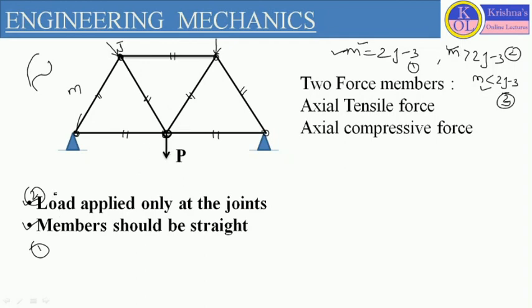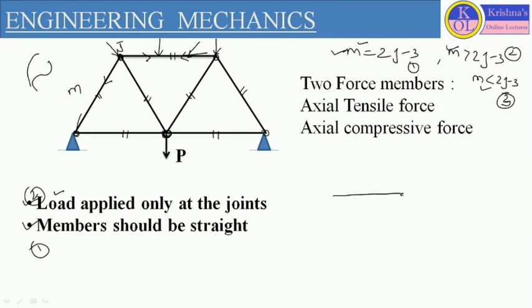This point is the most important point. Over the member, we are not going to consider any external load, neither inclined nor vertical, nor in the horizontal position. Only axial load will we consider, that is the effect of external loading over this particular straight member.